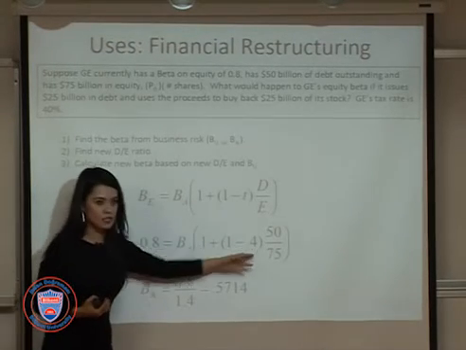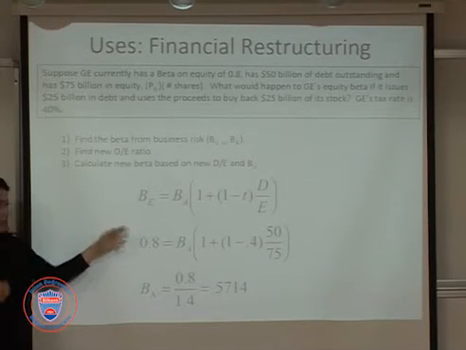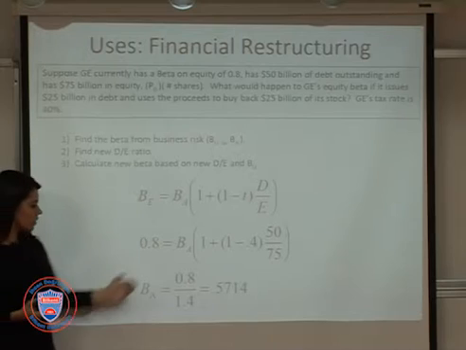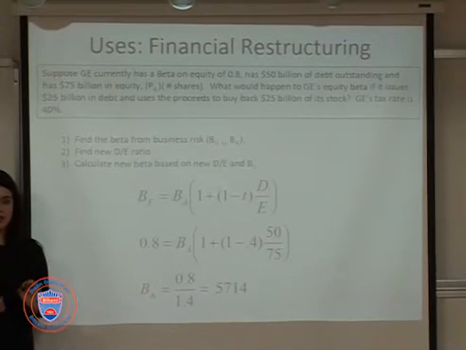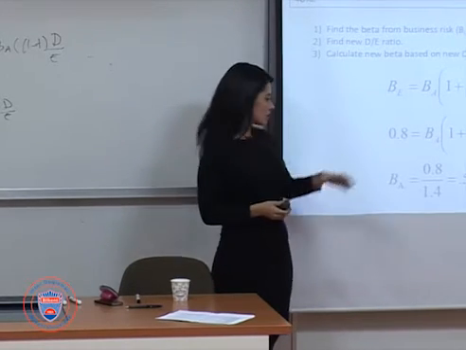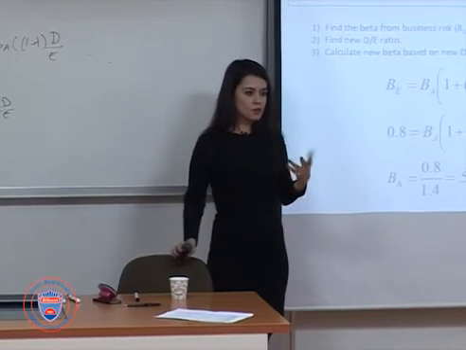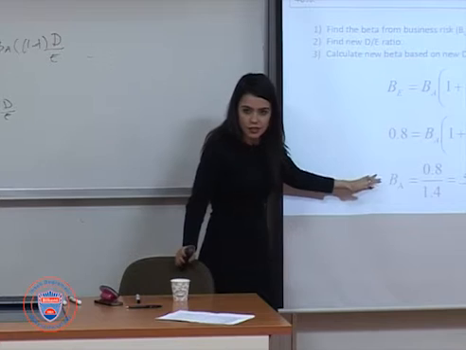The tax rate is 40%, it is given. The beta of the company is the equity beta, 0.8. From here, I calculate the asset beta, which is 0.57. When you remove the effect of the financing decision, this is the beta of the company, the unlevered beta. Any question in this step?